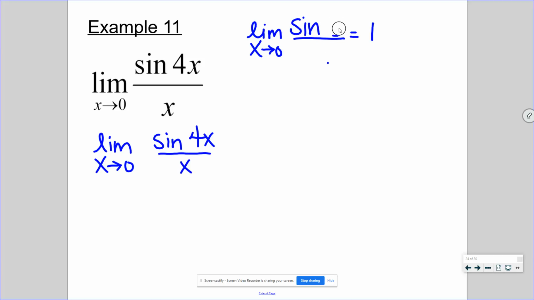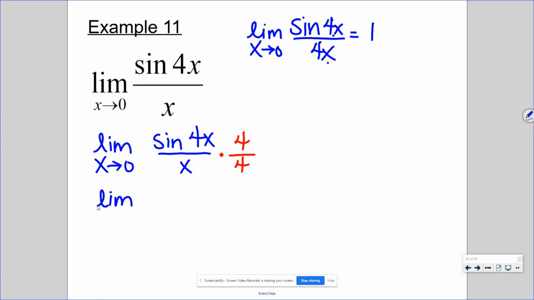So in other words, if I can make this look like sine of 4x over 4x, then I do know that that limit would be 1 as well. How can I make this have a 4 on the bottom? Well, if I multiplied and put a 4 on the bottom, then we'd be good. But algebraically, that doesn't make sense unless you multiply the top by the same thing, right? Got to have everything balanced.